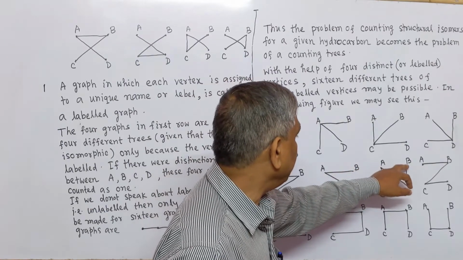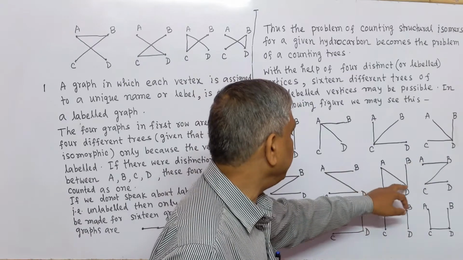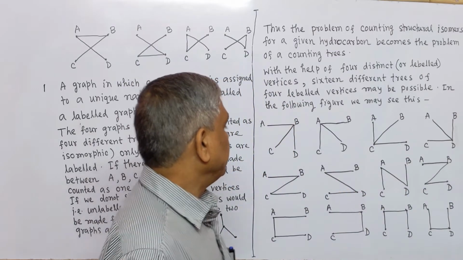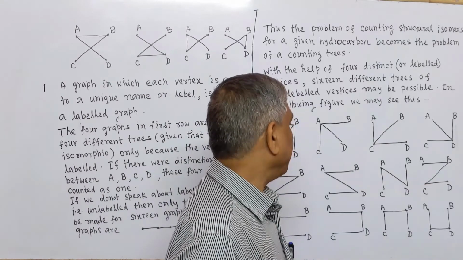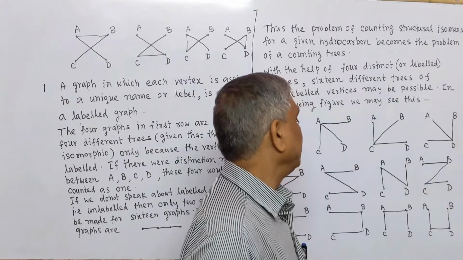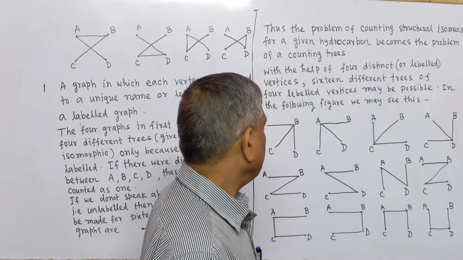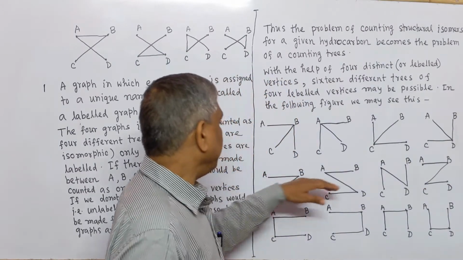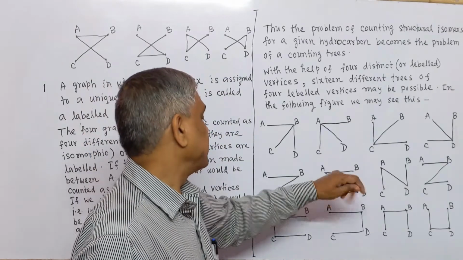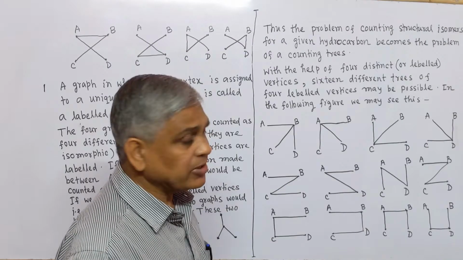Here A and B are not connected, and C and D are not connected. In the next figure, we see that degree of B and C be 2. In this way, in the second row, we get 4 different graphs with 4 vertices.